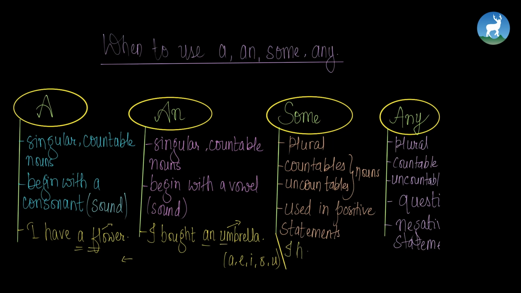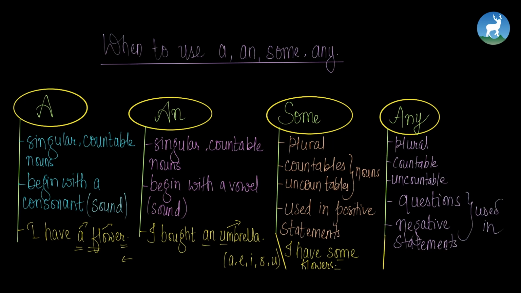I have some flowers. See here, in the first sentence I wrote a flower because flower is singular, right? And it's defined. So a means just one. Now, flowers means plural, but when I don't want to disclose how many specifically in number, then I say some, right?